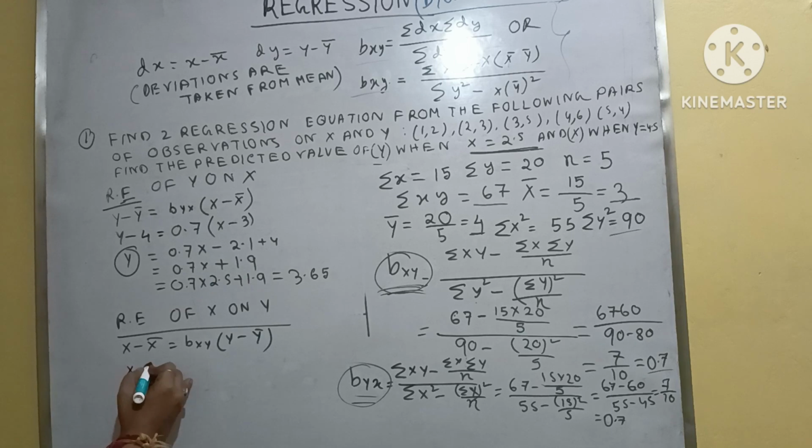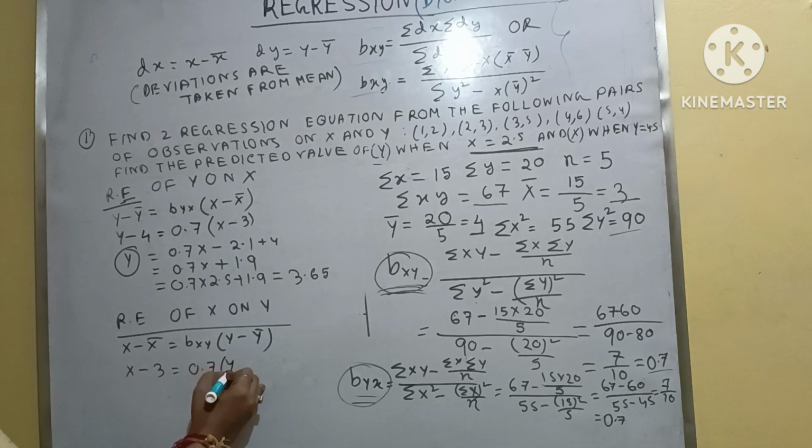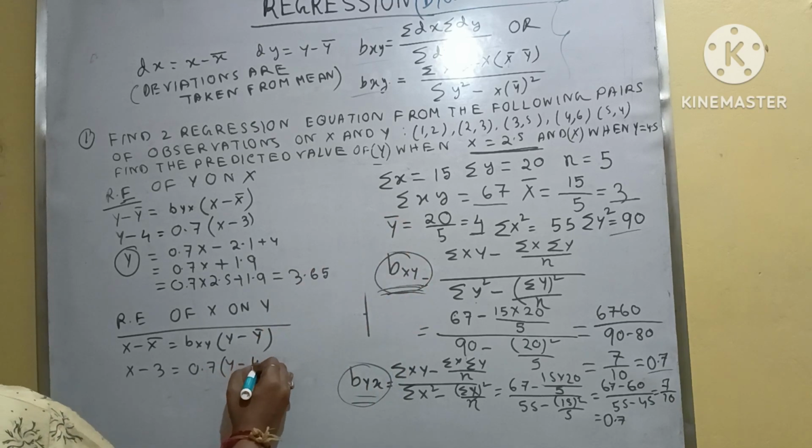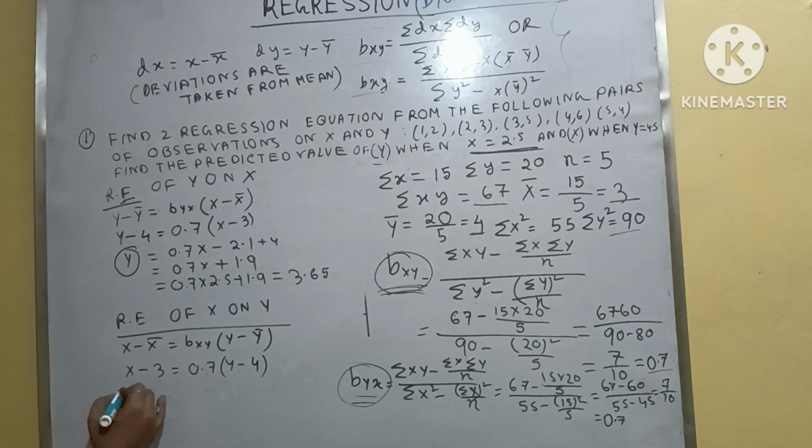Next one, x minus 3 equals 0.7 into y minus y bar, which is 4. Okay, so x equals 0.7y minus 2.8 plus 3.